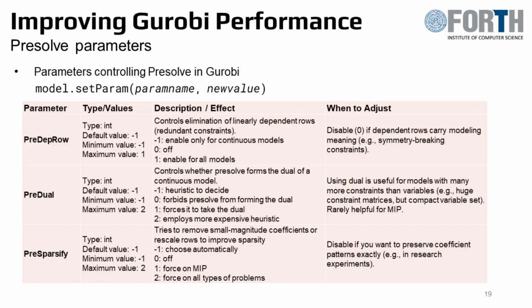For mixed integer models, it is rarely helpful. The parameter PreSparsify attempts to improve sparsity by removing small coefficients or rescaling rows. This may improve numerical performance, but in research contexts, you may wish to preserve coefficient patterns exactly. As always, these parameters should be adjusted only when there is a clear diagnostic reason.